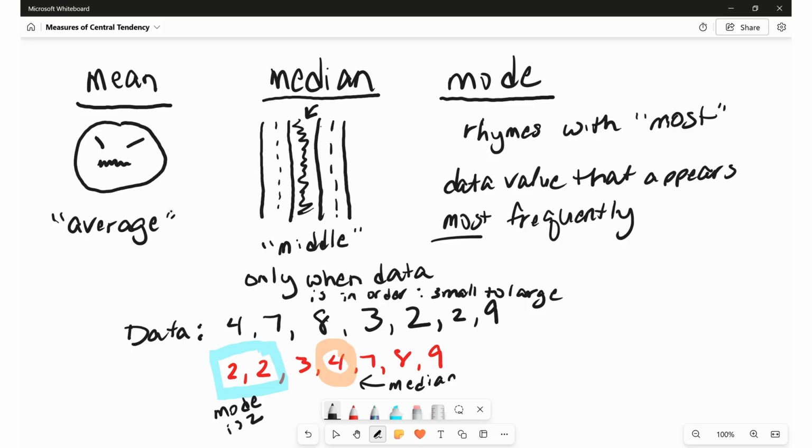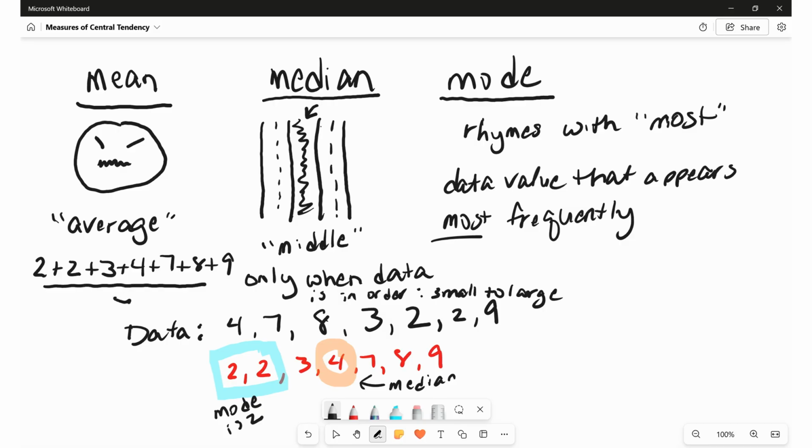So it's the hardest one to calculate. So when we have our data set here, in order to find the mean, we are going to add all of our data and then divide by the number of data points we have.